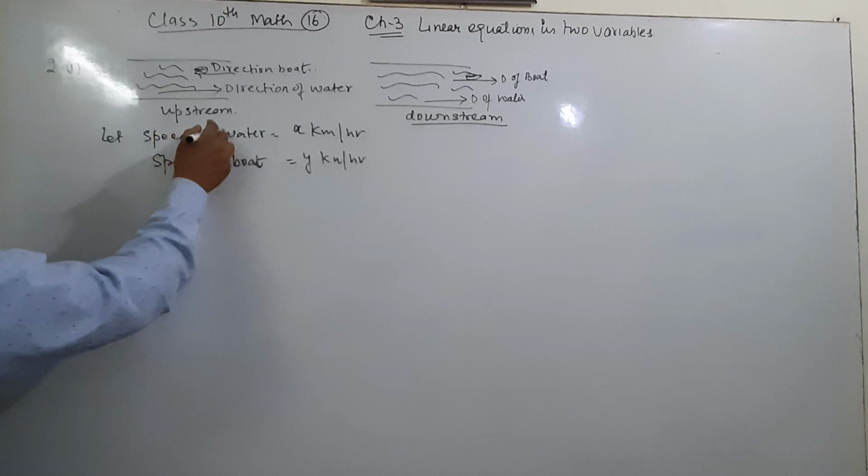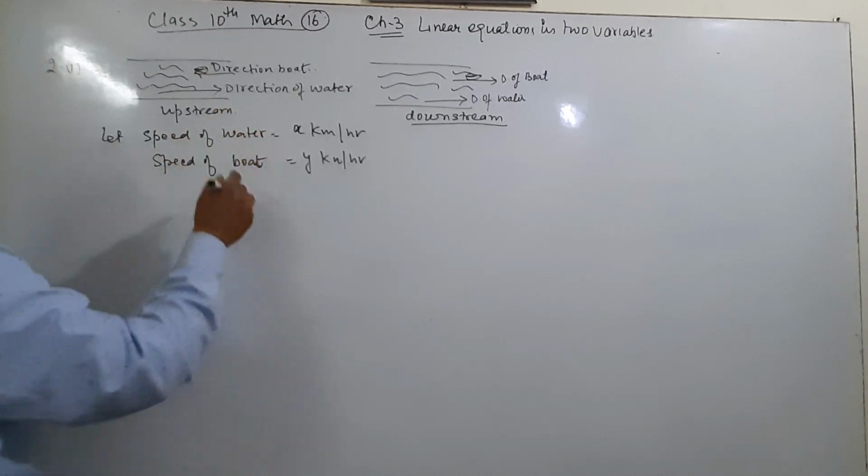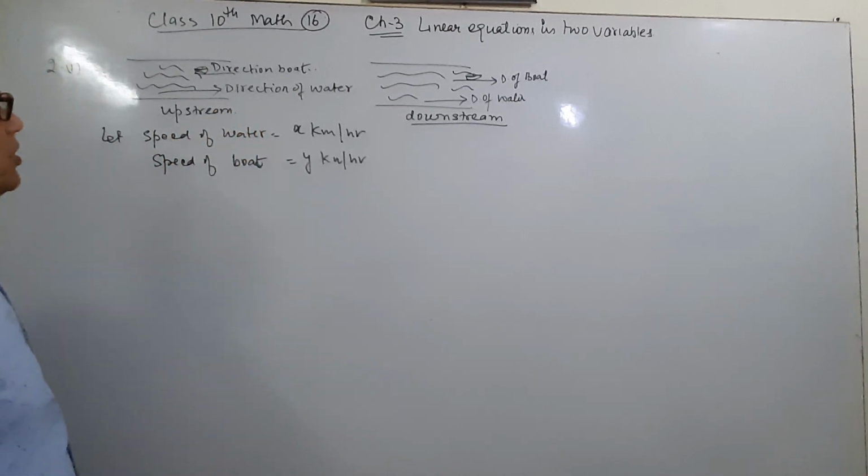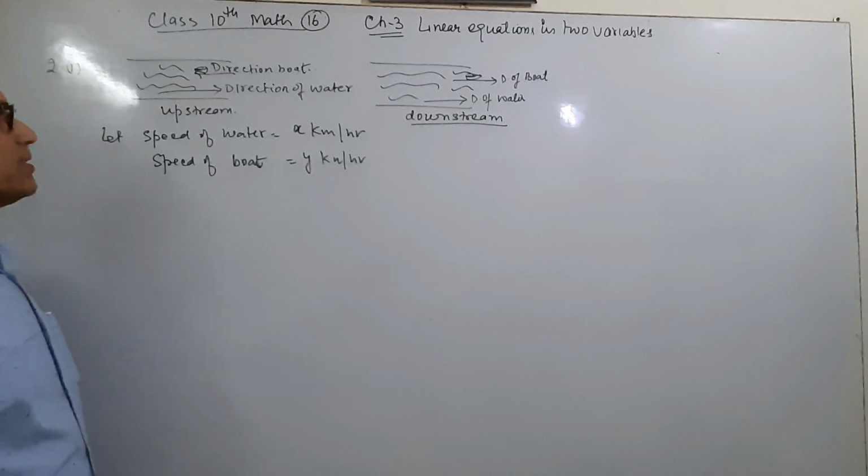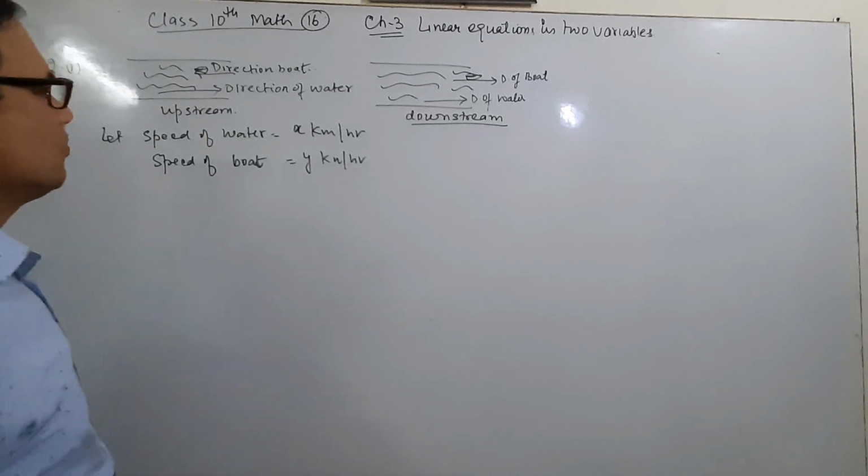Generally, we assume the speed of boat in still water. Speed of water is x and speed of boat is y.